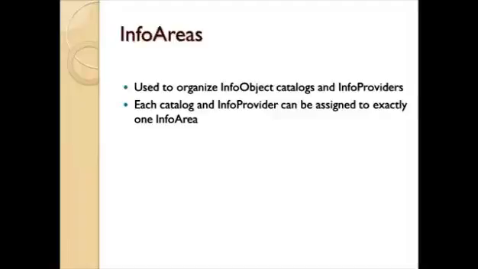Make sure that when you create info objects and info object catalogs, you create those objects under your own info area. This way you can easily identify and access those objects later on if necessary. It's just a way to organize things in BW.